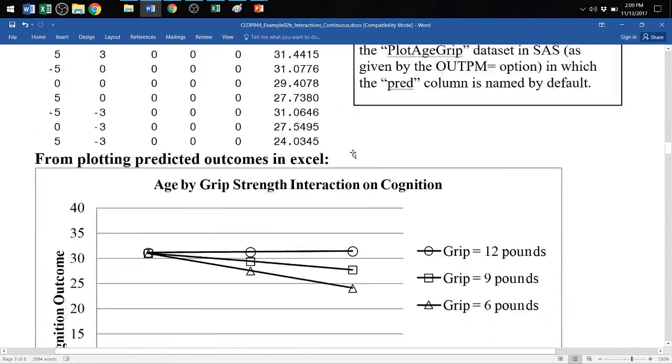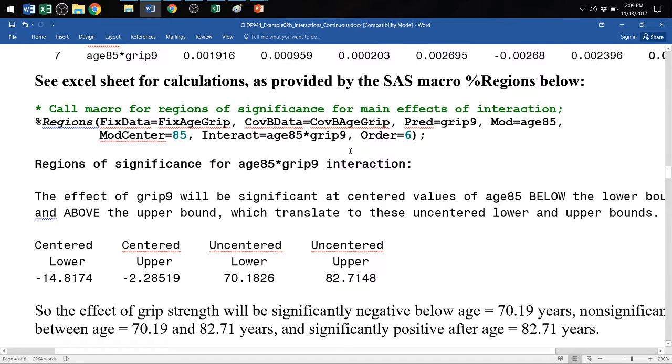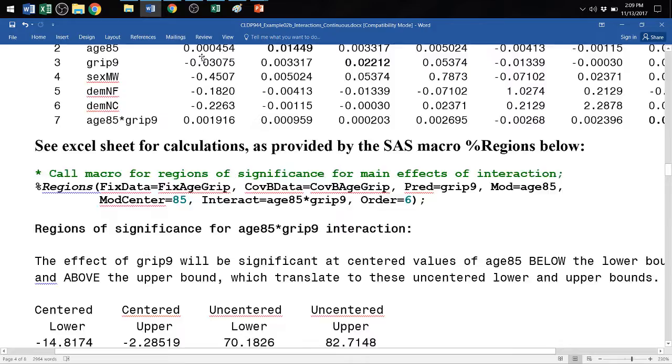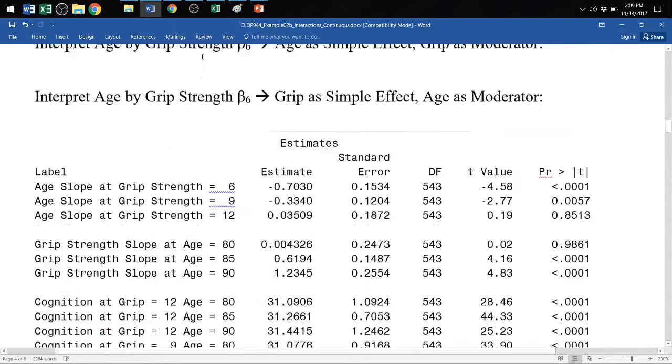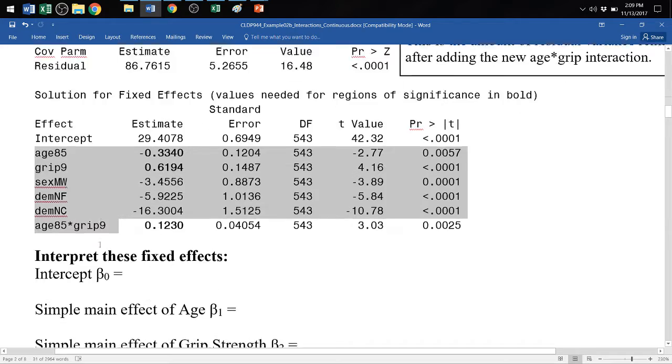I'm not a good enough programmer to avoid some of those things. It's just easier if you tell it where to look for things. Number 6 is which fixed effect is the interaction term? So, 1, 2, 3, 4, 5, yeah. The 6th predictor is the interaction term.